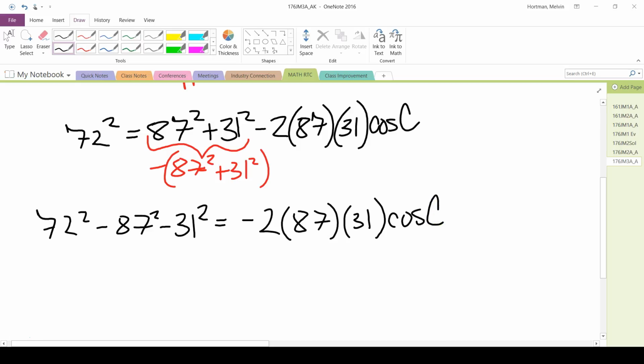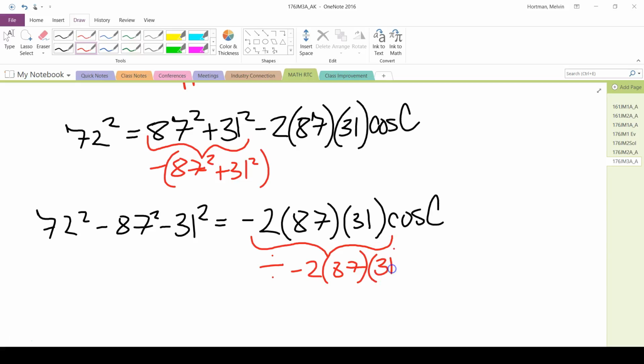And then to get C by itself even further, we need to divide by this portion. So we'll divide by negative 2 times 87 times 31.